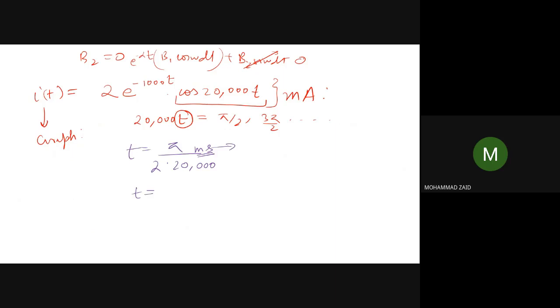So you can find that at t is equal to pi by this, 3 pi by this, it will go to zero. So all these values are values where it will go to zero. Okay. Now again, this is one of the numerical problems. So this way you can solve more numerical problems.